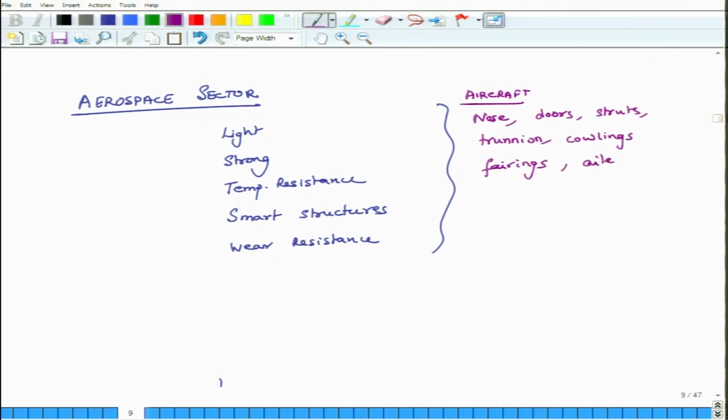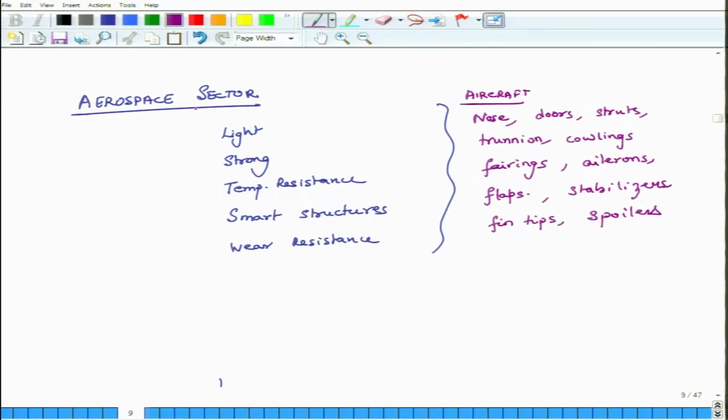Ailerons, flaps, in the wings there are flaps which open and close to control the aircraft and its speed and direction. So, then you have stabilizers, fin tips, spoilers, and so on and so forth.